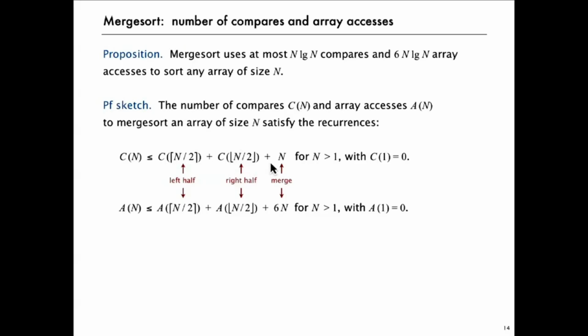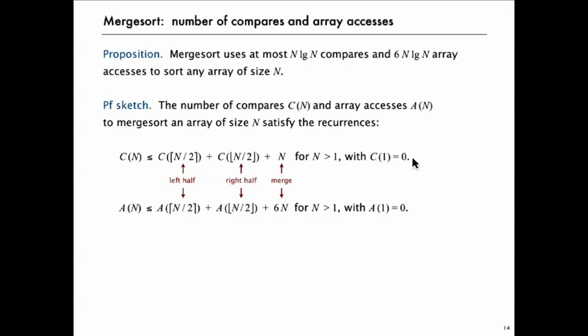And then for the merge, we need at most n compares. If neither one exhausts, we need exactly n compares. And that's true as long as n's bigger than 1. If there's only one thing, we're not doing any compares at all.